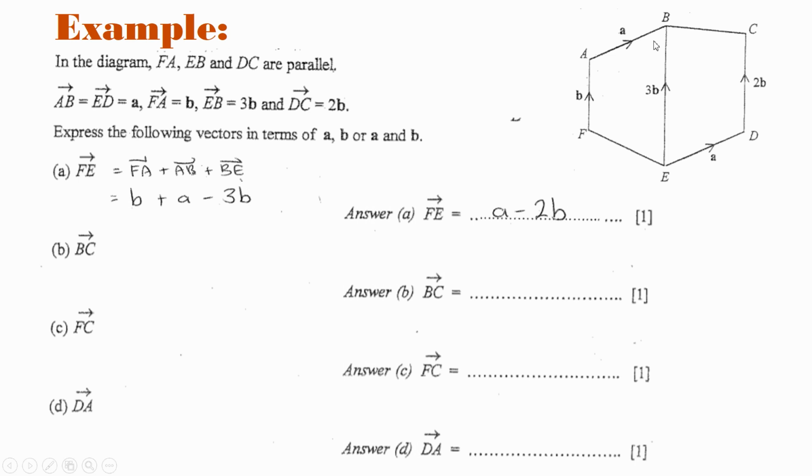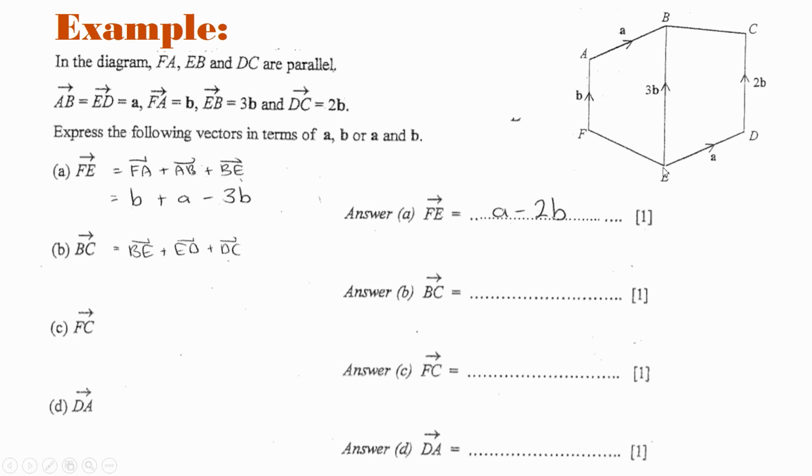BC. Where's BC? Here it is. There are lots of different ways you can do it. You know this one now, and these ones are already labelled, so this is a bit shorter. You'll get the same answer as if you go from here to here, here to here, and here to here. The pathway I'm showing is BE plus ED plus DC.